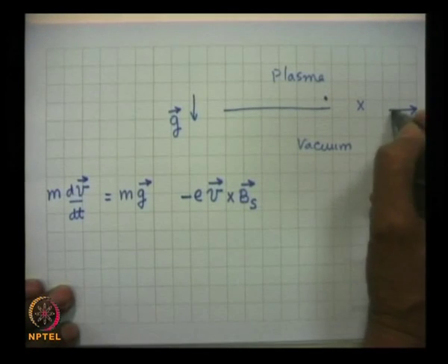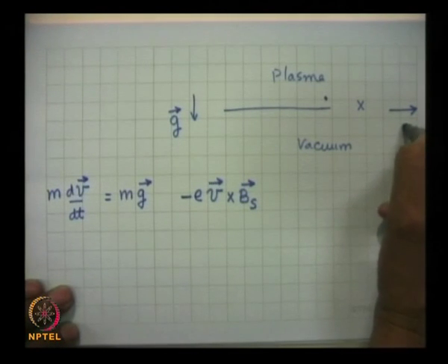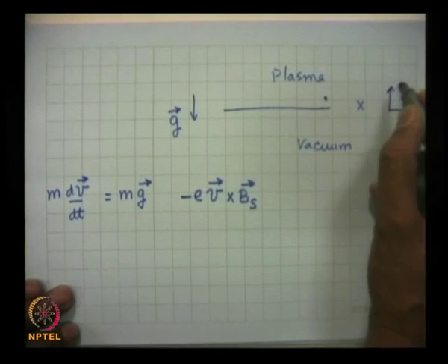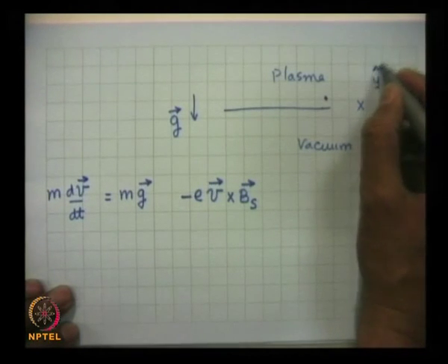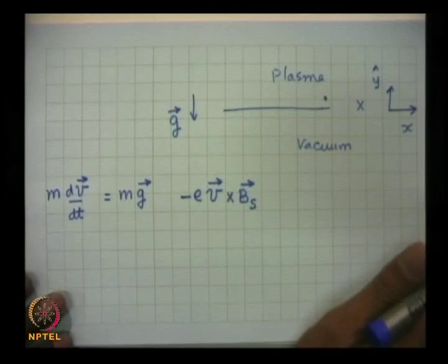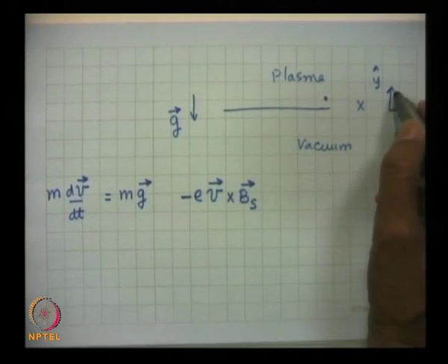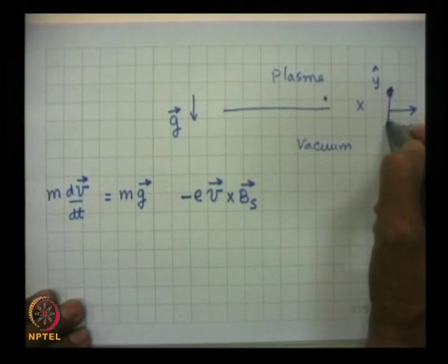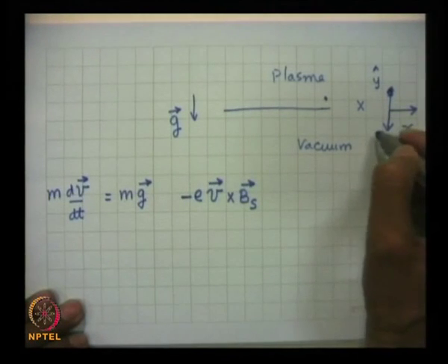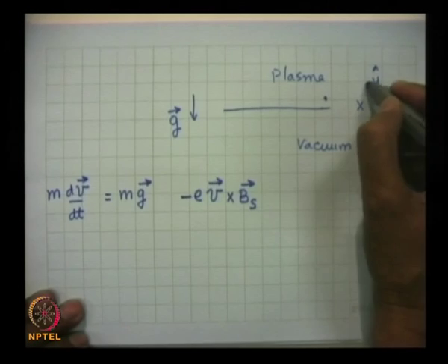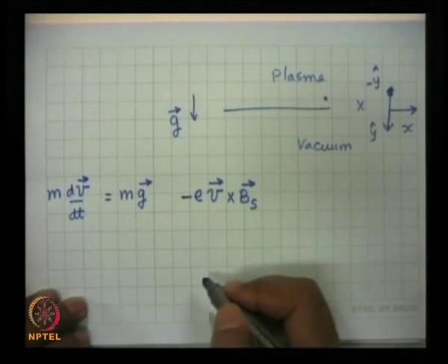This horizontal direction I will take to be x, vertical direction I will take to be y, and well, I think in some literature people take the downward direction, the direction of gravity, as y. So this is minus y upward and plus y downwards.